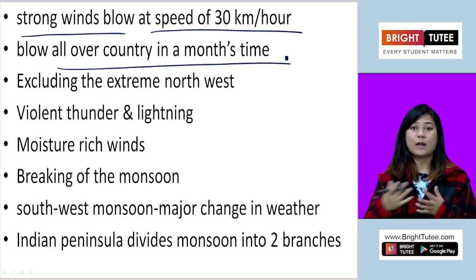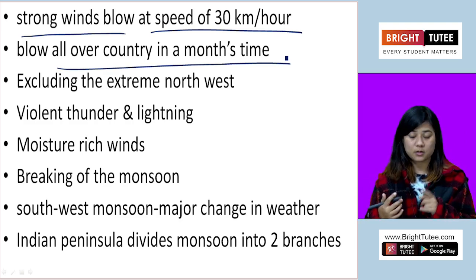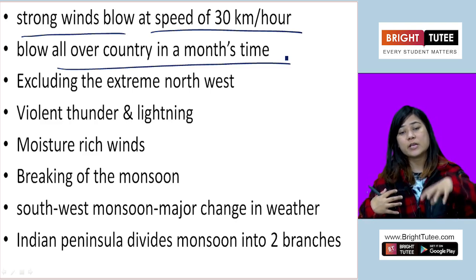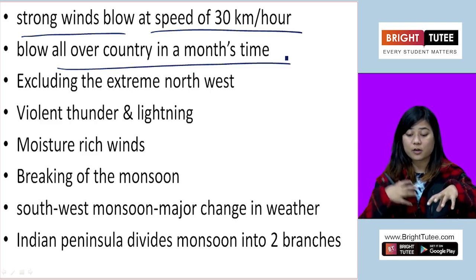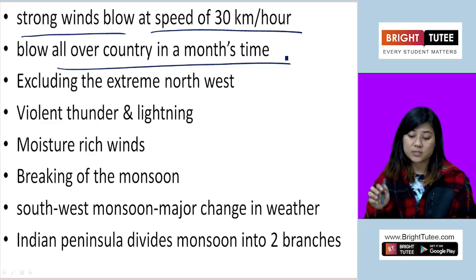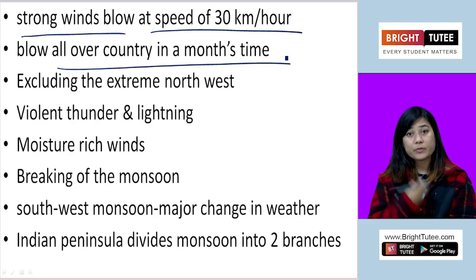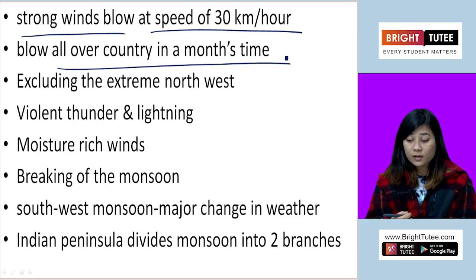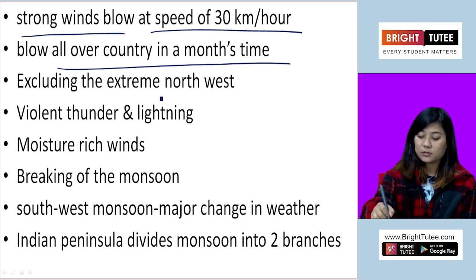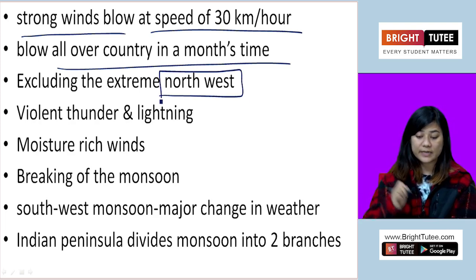So this is all happening just in a month. They are attracted by the low pressure area created in the northwestern region of our country, and they flow over the ocean and then come towards our country, bringing moisture. So it blows all over the country except the northwestern part of India.